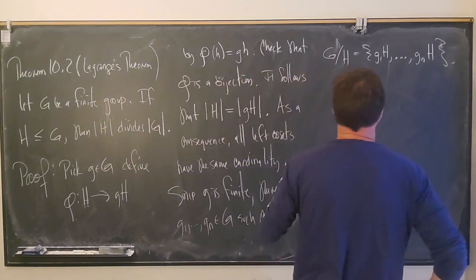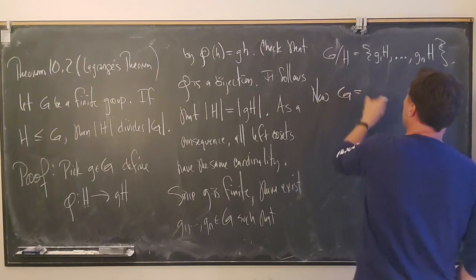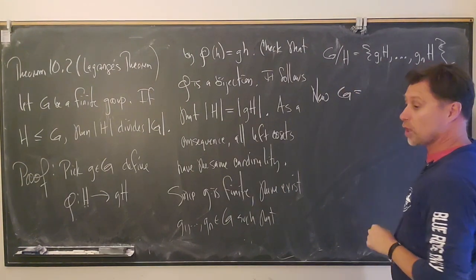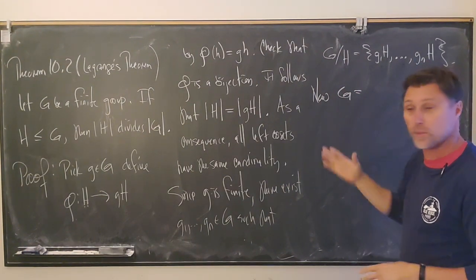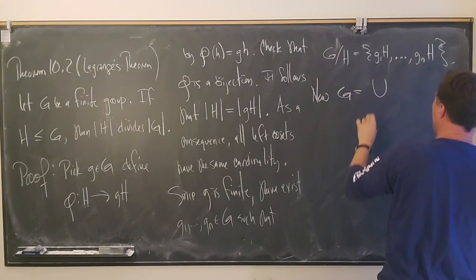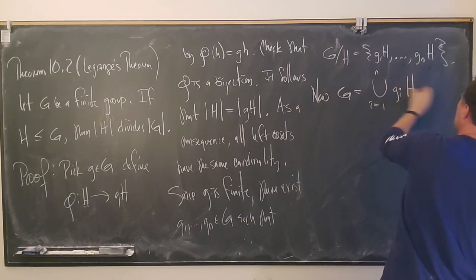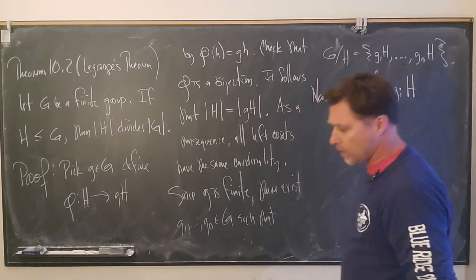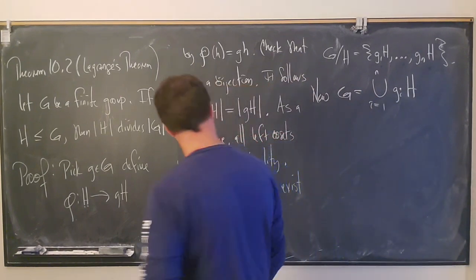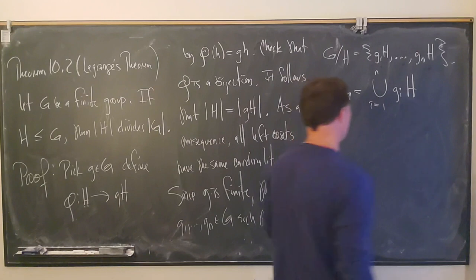Now, what do we know? We know that G is going to be the union of these cosets because the set of left cosets forms a partition. So now we have G equals the union, i equals 1 to n, of giH. And we know that all of the cosets are disjoint.